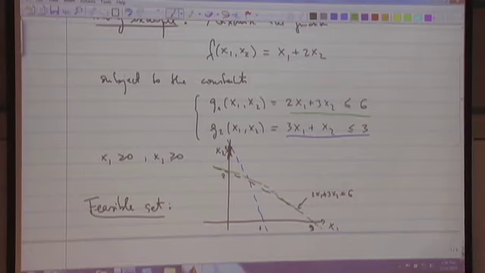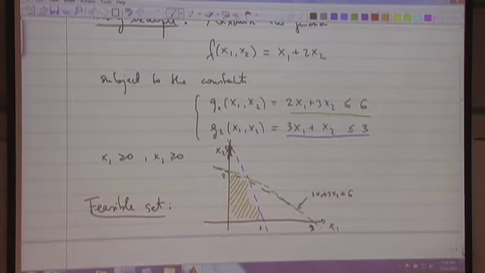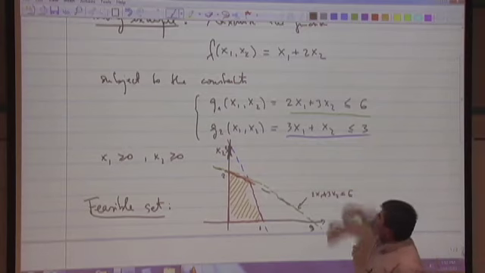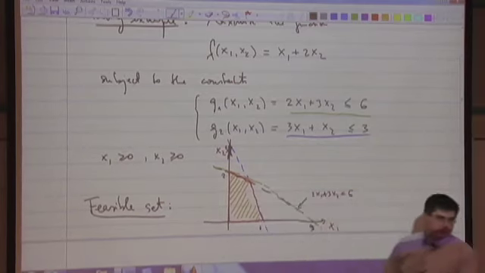So when you look at the constraints being satisfied simultaneously, we get this region, right? Okay, so that will be the feasible region. We're interested in the maximum value of our objective function within this region.